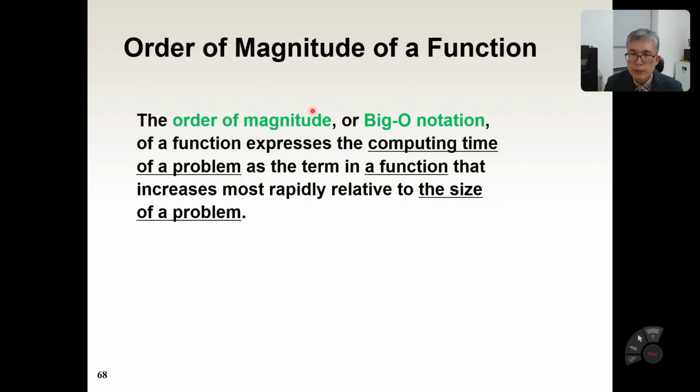From now we'll discuss time complexity. The order of magnitude, or big O notation, of a function measures the efficiency of the function. It expresses the computing time of a problem as the term in a function that increases most rapidly relative to the size of the problem, like the input size.